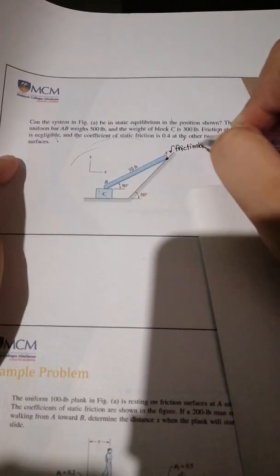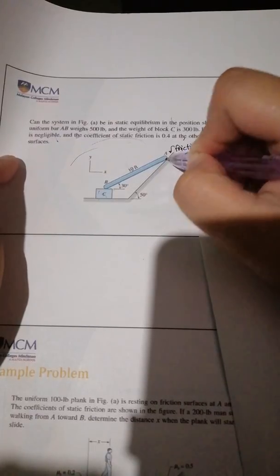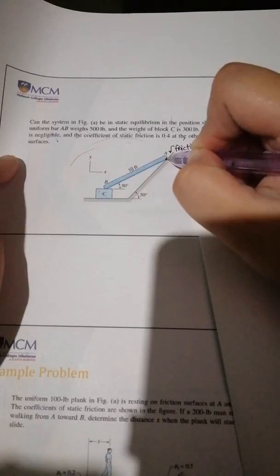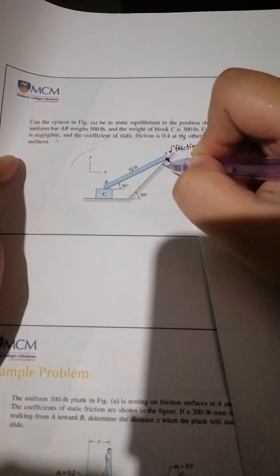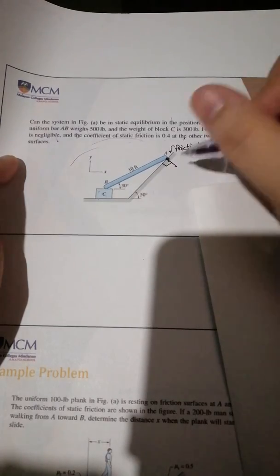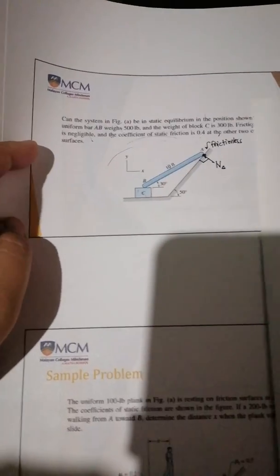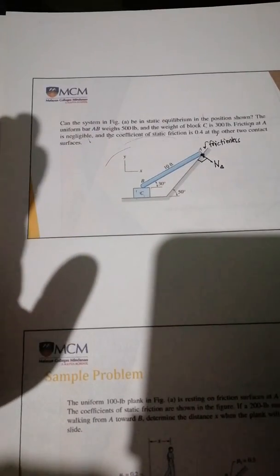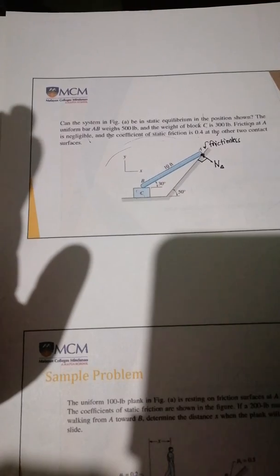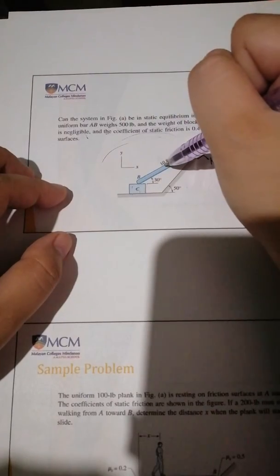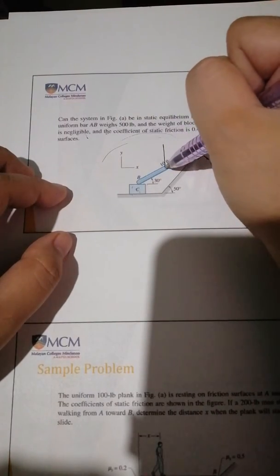So, the only force that acts on bar AB at this contact is the normal force. And this normal force is, of course, perpendicular to the plane of contact. So, let's say we name that as normal force A. Ganito siya. We will solve this individually. Bakit? What's the possible thing that might happen?